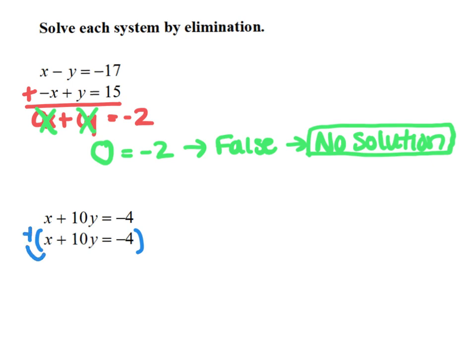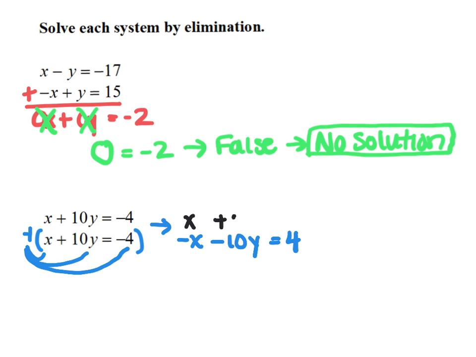So when I distribute, it becomes negative x minus 10y equals positive 4, and the top equation is going to stay the exact same. So it'll still be x plus 10y equals negative 4.